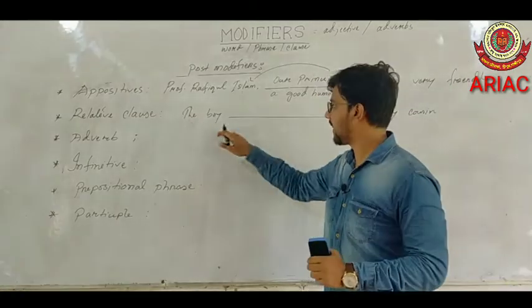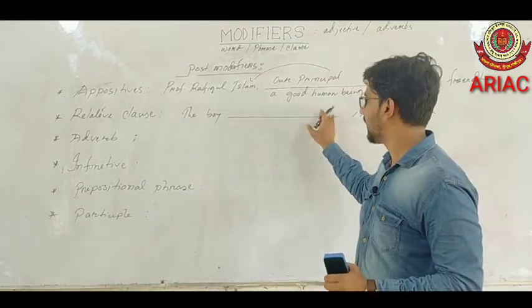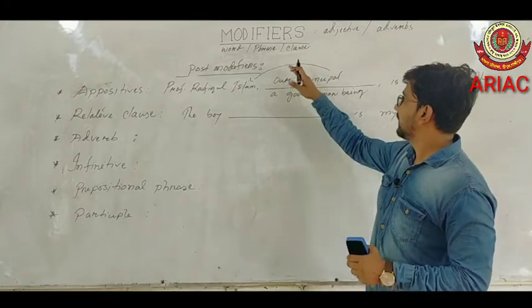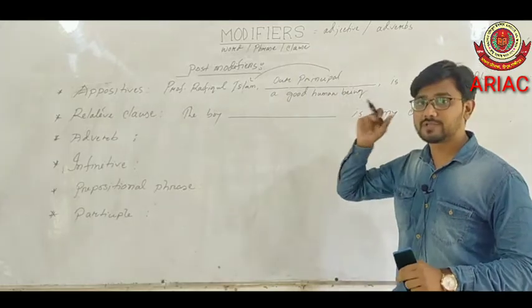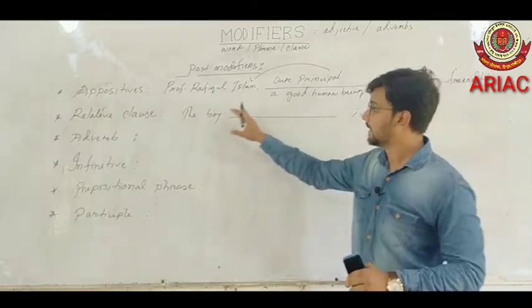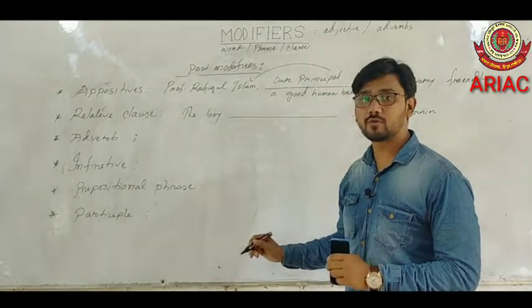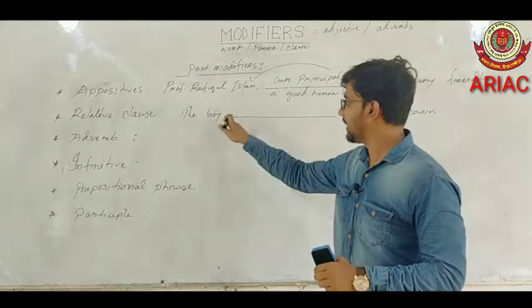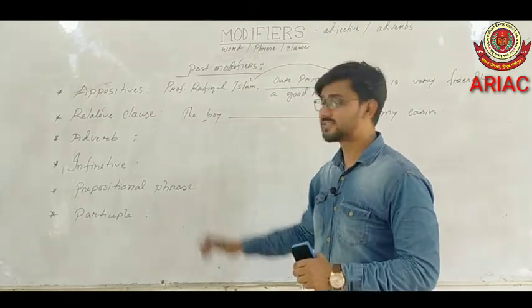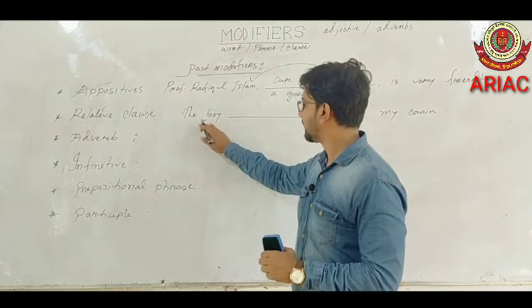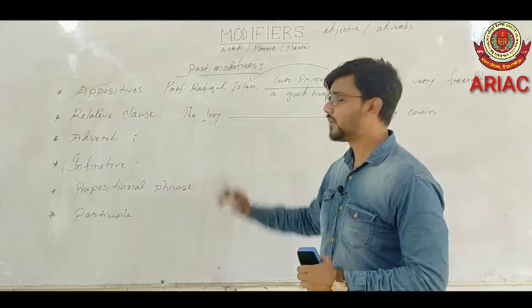For a relative clause, we have to start with a relative pronoun. We have to know the classification of clauses. Clauses are two types: principal clause and subordinate clause. The subordinate clause is like a relative clause, which starts with a relative pronoun: who, which, that. We start with who because this is a person, boy. And if there is a thing, we put which or that.